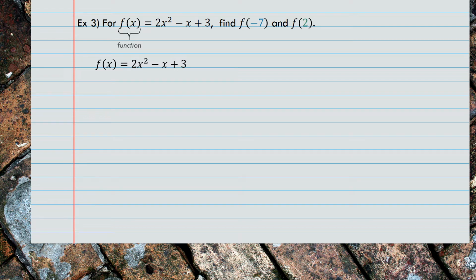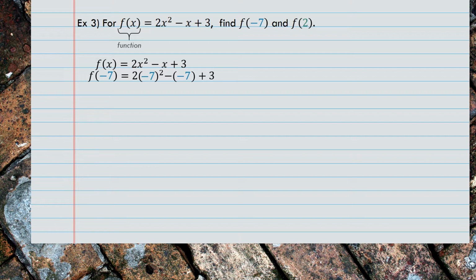Because it's asking to find f of negative 7, what that means is every time you see x, you need to take the x out and in its place put parentheses. Once you have the parentheses in place, now you plug in the value it's asking you to look for. In this case, we plug in a negative 7 for each of the locations.